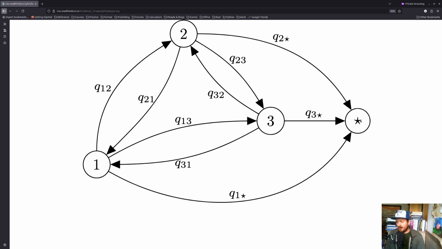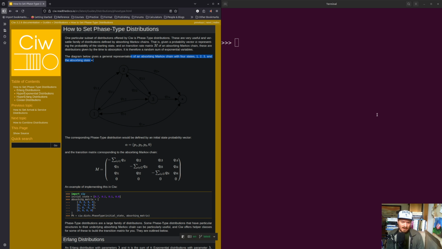The cool thing about phase type distributions is that you're just sampling from a probability distribution that incorporates some chance of being in any of these initial nodes 1, 2, and 3, and how long it took to go through this network at whatever random probabilities until you finally reach this absorbing state. So it's a way of saying, let's sample how long something would stay inside of this network. And eventually it leaves in the sense of getting to the absorbing state.